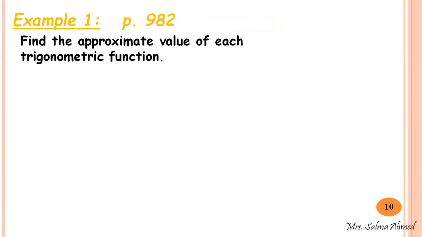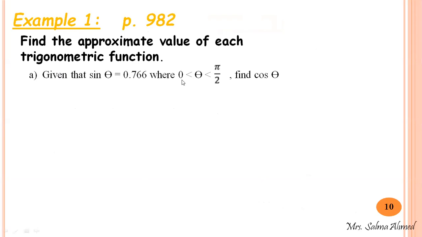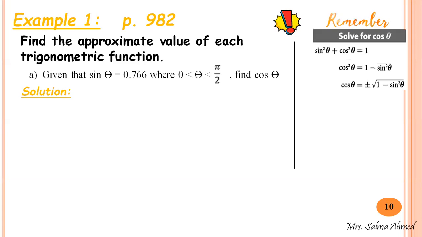Here is an example. Find the approximate value of each trigonometric function given that sine theta equals 0.766, where 0 is less than theta less than pi over 2. Find cosine. Remember, sine squared theta plus cosine squared theta equals 1.